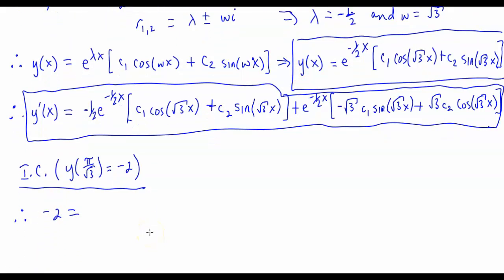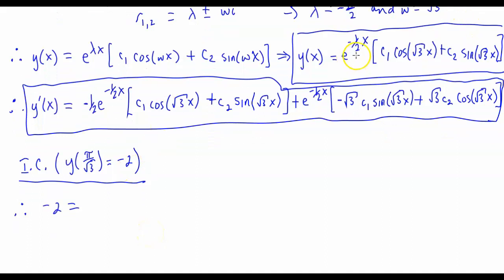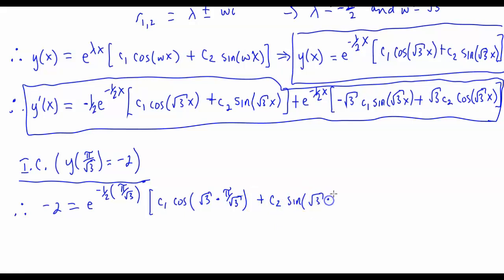On the right side, this is going to be e raised to the negative 1/2 times pi over square root of 3. And then on the inside, this is c1 cosine of square root of 3 times pi divided by square root of 3, plus c2 sine of square root of 3 times pi over square root of 3.